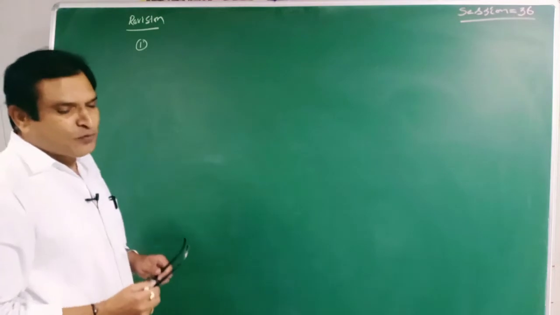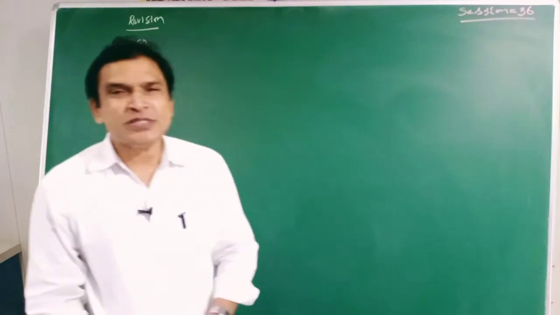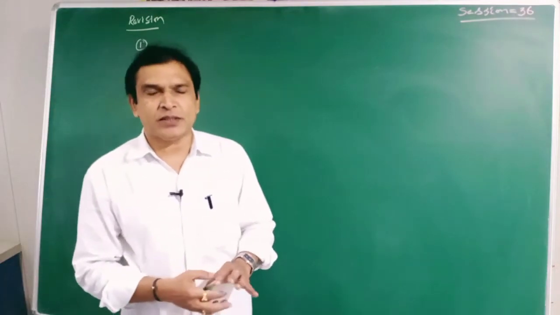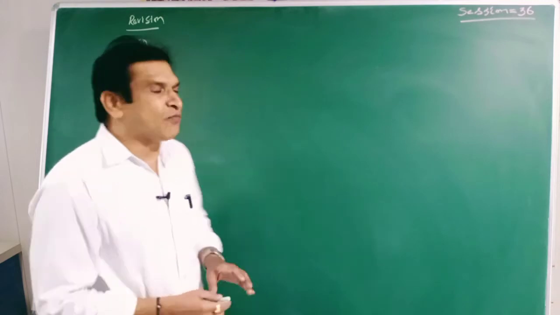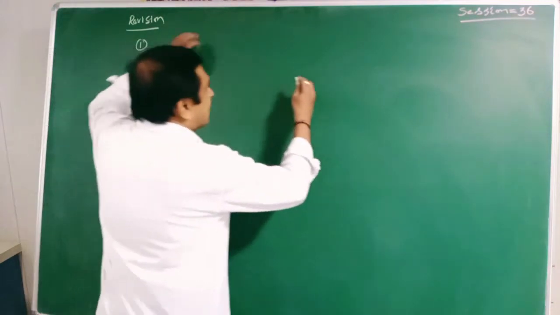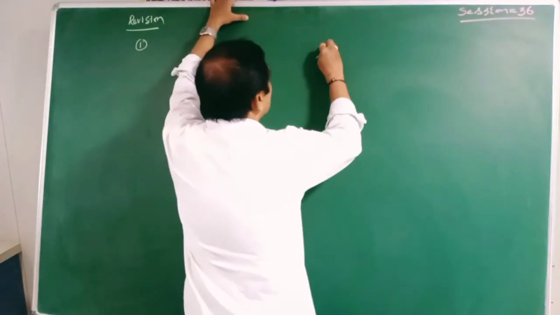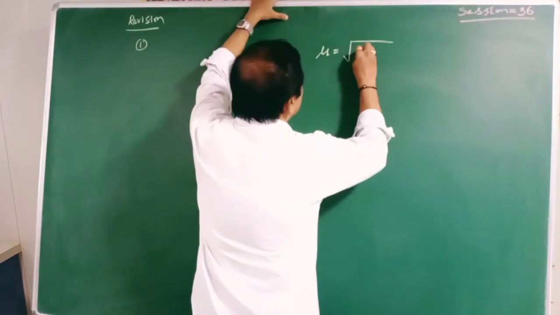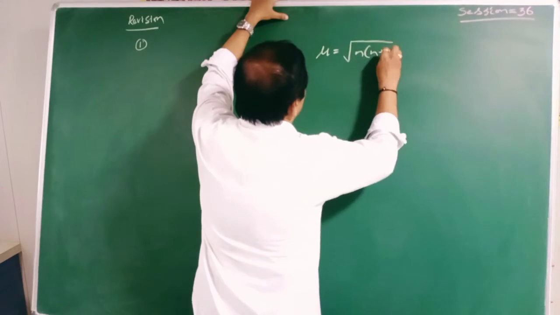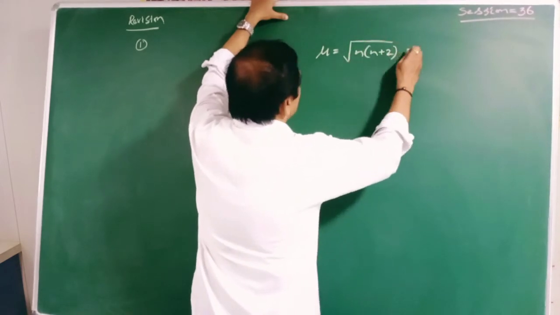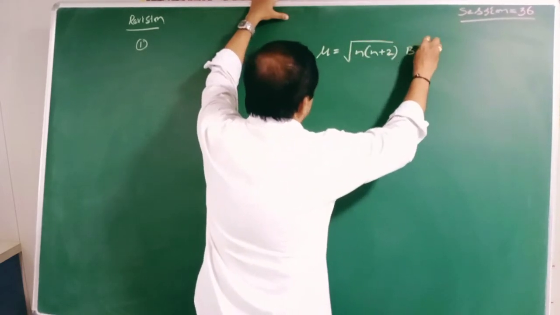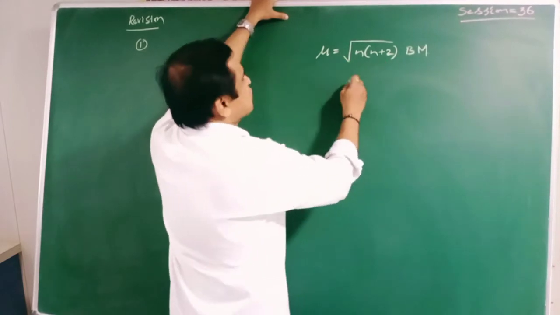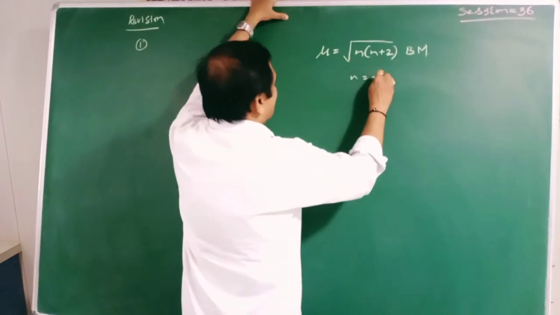See, we explained magnetic moment. Once again, let us revise the magnetic moment. The magnetic moment of a paramagnetic substance can be calculated as mu equals under root n into n plus 2 Bohr magneton units, where n is the number of unpaired electrons.